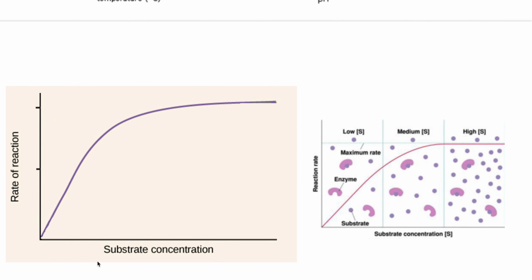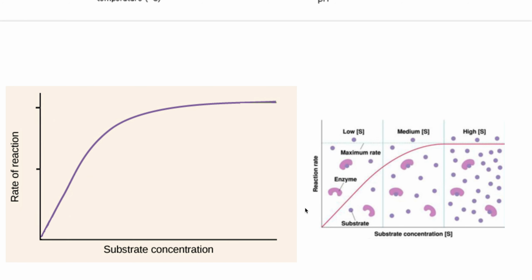Another factor that can affect the rate of chemical reaction or enzyme activity would be substrate concentration. So you can imagine if I've got 3 enzymes here, each of these purple dots is my substrate, which binds the active site at the enzyme. If I've only got 1, 2, 3, 4, 5, 6 maybe substrate molecules, the chances of them colliding, I might have one collision every few seconds.